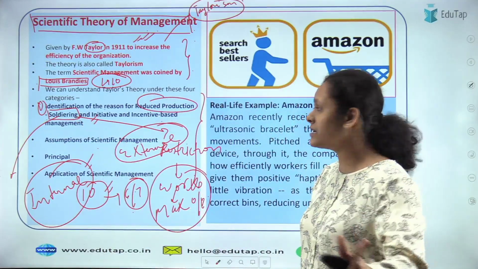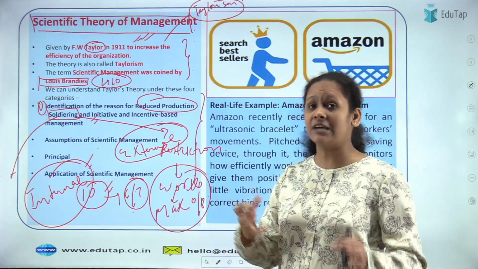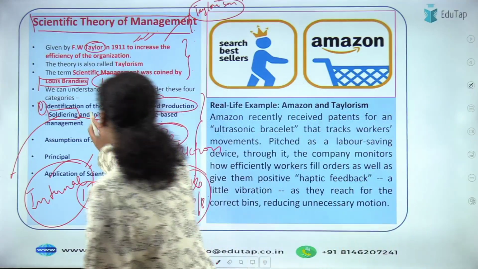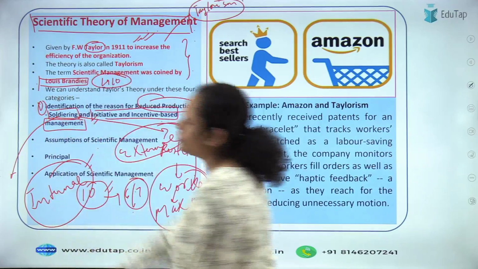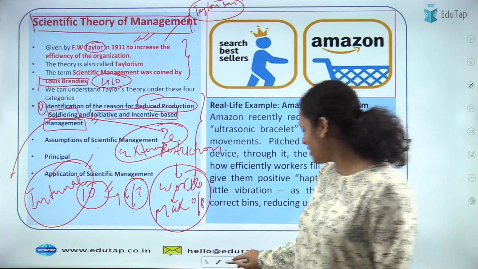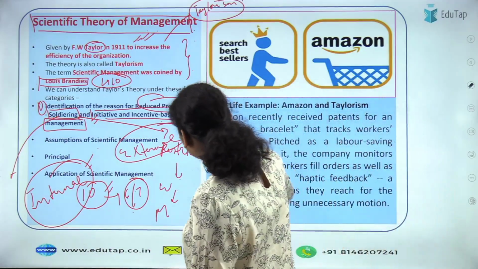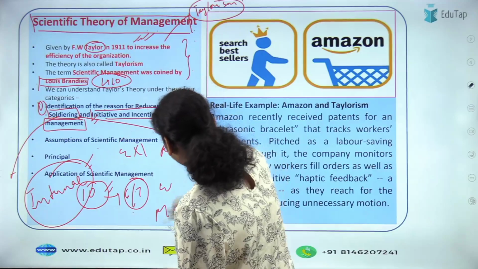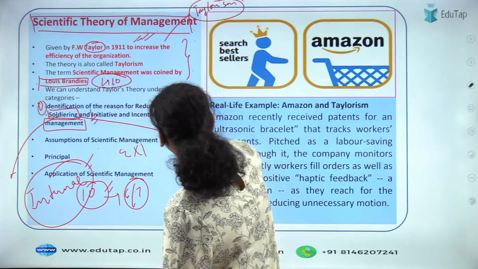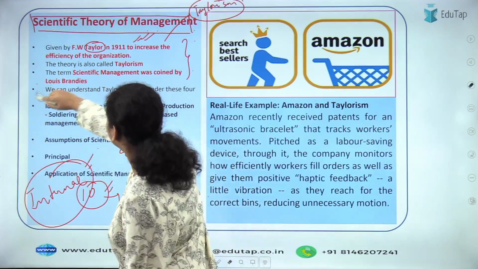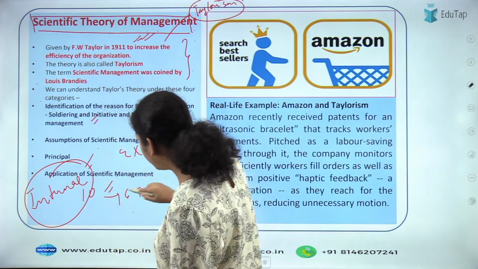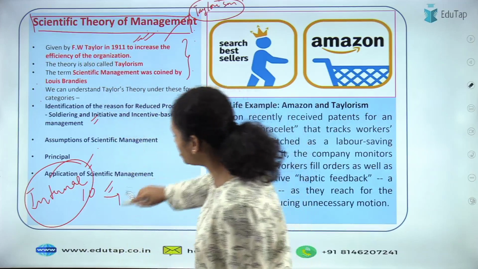Now, the second reason because of which there was reduction in production was initiative and incentive based management. Those days managers were quite lazy in nature. According to Taylor, he felt that managers were quite lazy and they were not ready to carry out their task on time, and it was the workers who initiated the task.